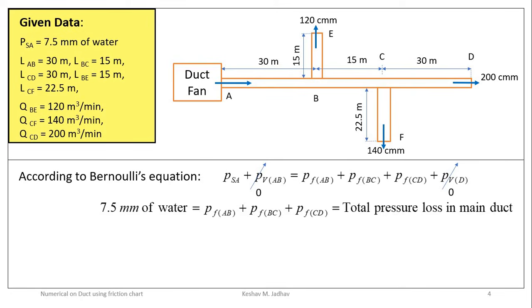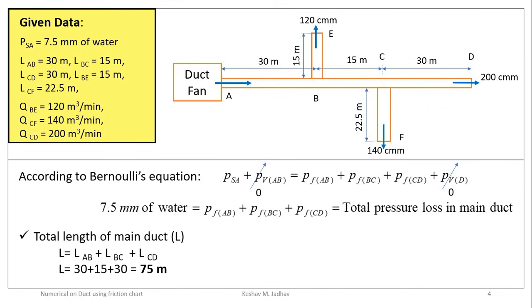Now, to calculate pressure loss per unit length, we will calculate the total length of the main duct. So, total length of main duct AD is equal to length AB plus length BC plus length CD. So, 30 plus 15 plus 30 is equal to 75 meters.